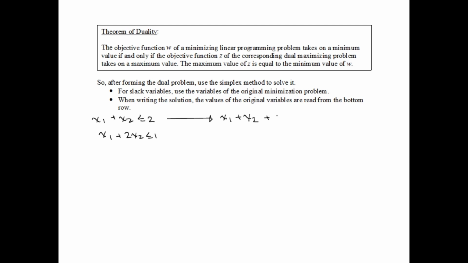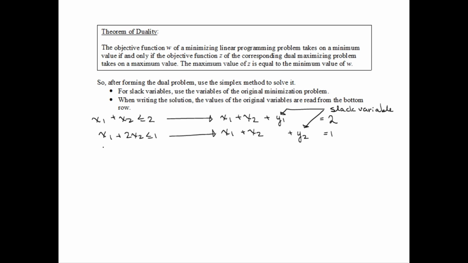Instead of using s1, I will use y1 because that is the variable from the original problem. But it is still serving the purpose of a slack variable and will be treated exactly like one. Second constraint, x1 plus x2, here's my second slack variable, y2, equals 1. So those are both slack variables.